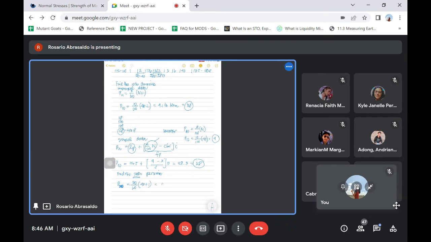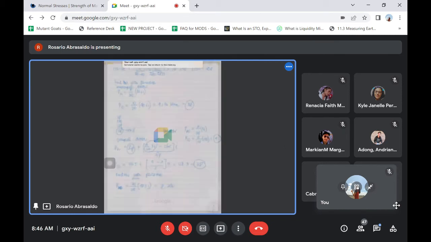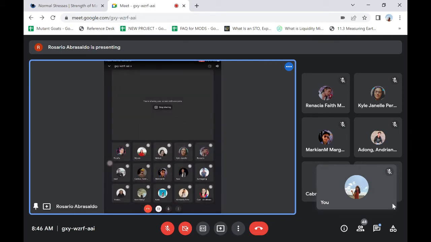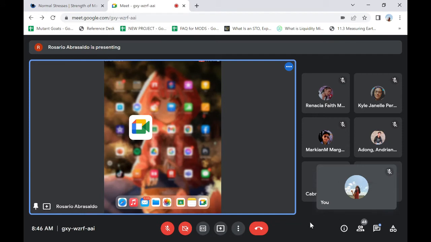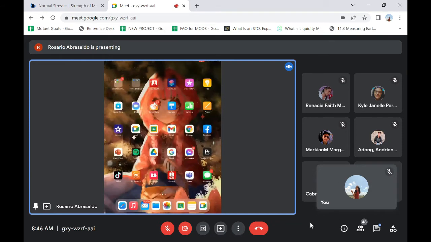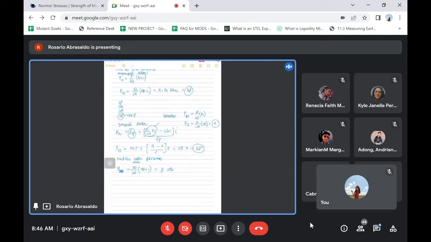So, that is 8.2. So, our 8.2, going back to our cumulative array of data. That is the 8. So, 129, 129, then 130, 130, next.